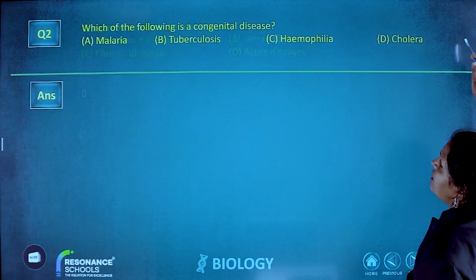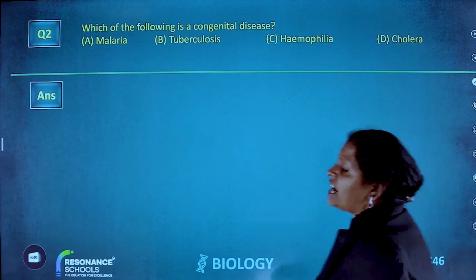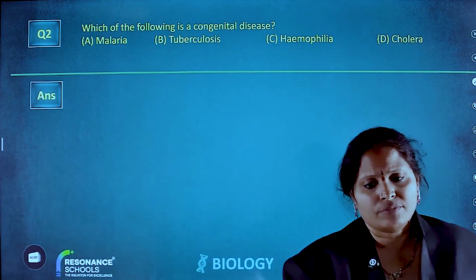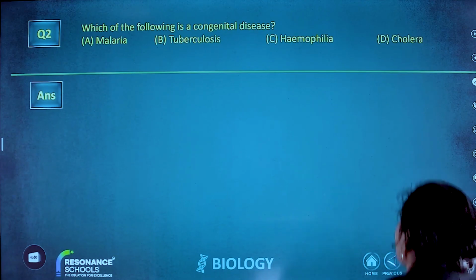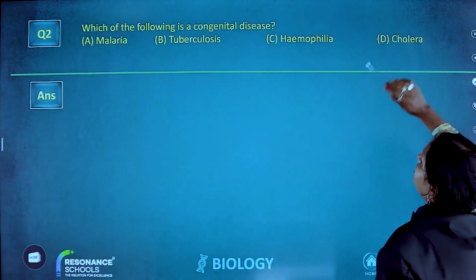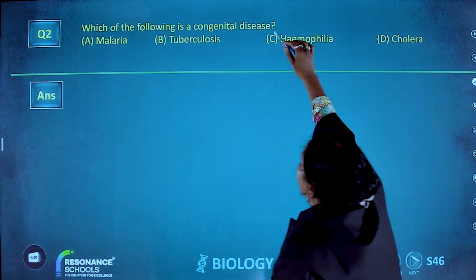Next question, which of the following is a congenital disease? Hemophilia.